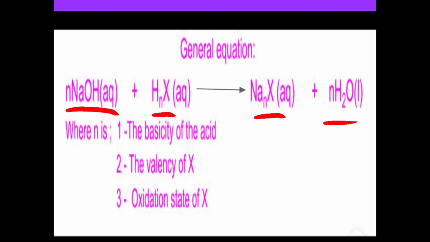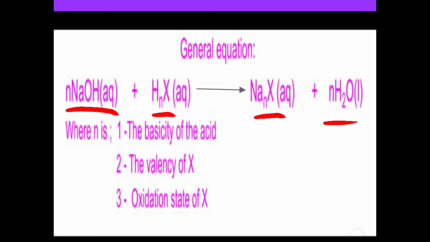So if we know the basicity of an acid, it is very easy to write the equation of reaction. Just use the basicity to write a correct formula and also to balance your equation. So if we know the basicity of any given acid, we shall be able to know the valence of the radical in that acid.